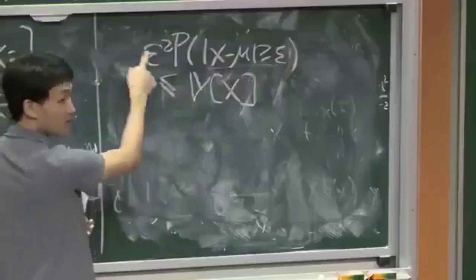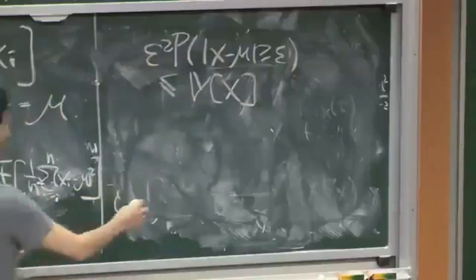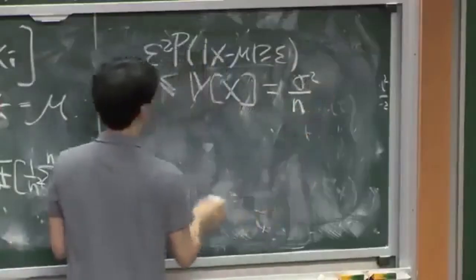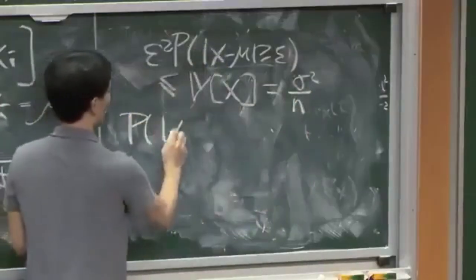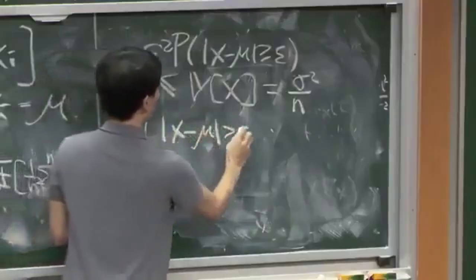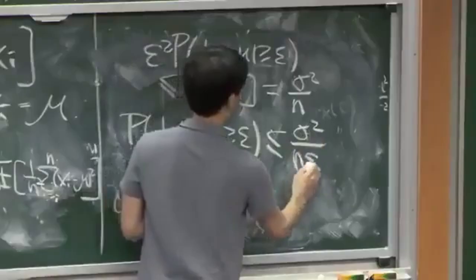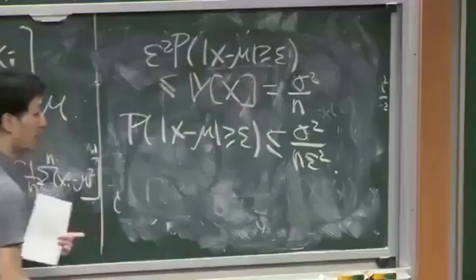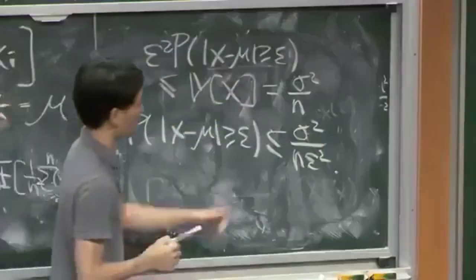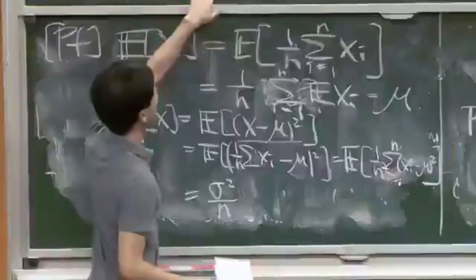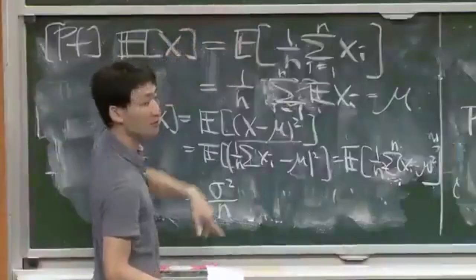So your variance has to be at least that. And this is known to be sigma squared over n. So the probability that x̄ minus mu is greater than epsilon is at most sigma squared over n epsilon squared. That means if you take n to go to infinity, that goes to 0. So the probability that you deviate from the mean by more than epsilon goes to 0.